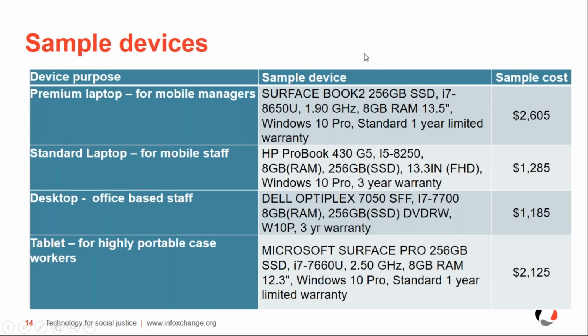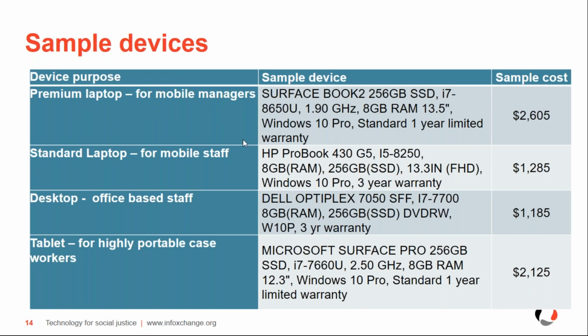Some more additional devices. I wanted to give you some practical examples of some machines and some indicative costing here. These are additional devices to what we've already covered, so they're not the same as in our previous slides. Just a look at some of the premium laptops.